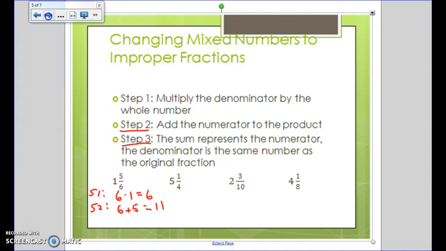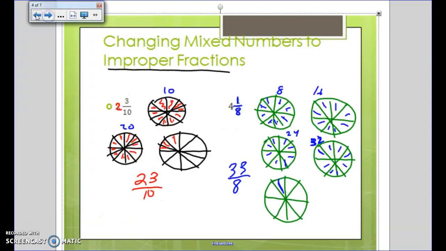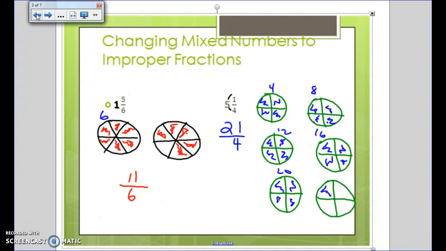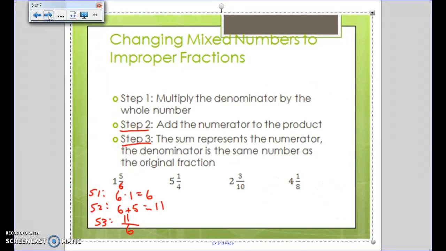Step 3, the sum represents the numerator. The denominator is the same number as the original fraction. So I just need to know about that 6. So step 3, the sum is the numerator. The original denominator stays the same, 11/6. And you can see again that we have done this problem. We know that it should be 11/6. So that's awesome. There's a little arithmetic shortcut here.